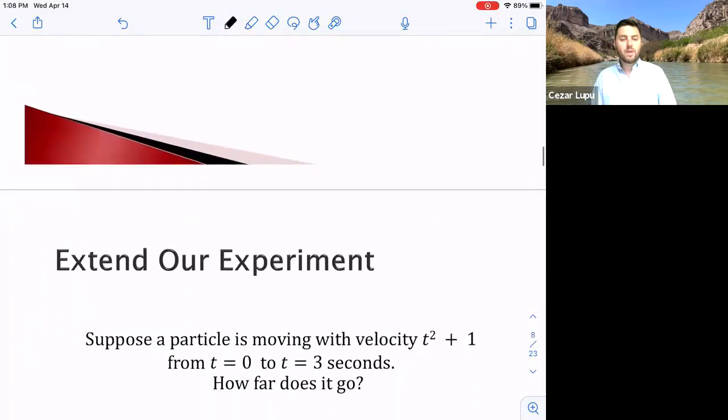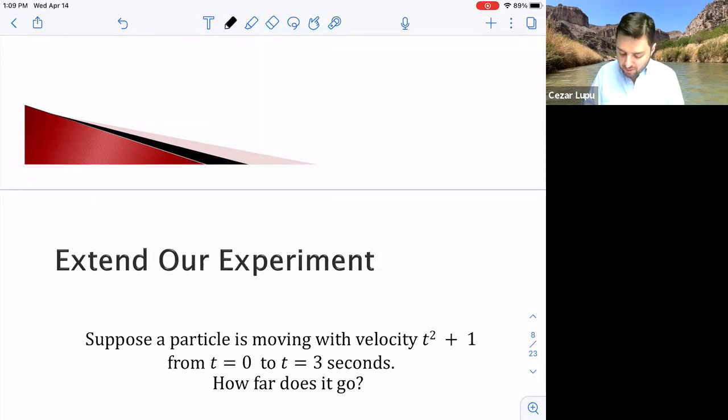Look at this one. Now, suppose a particle is moving with velocity t squared plus 1 from t equals 0 to t equals 3 seconds. How far does it go? I want you to see here, the velocity is also variable.